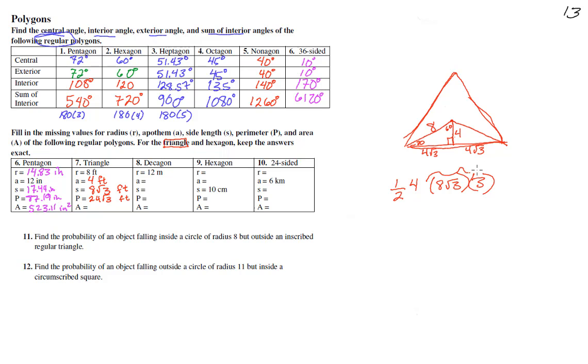Notice that here we already did that, 24 square roots of 3, and now we've got to times by 1/2 and 4, so timesing by 2, and we get 48 square roots of 3 feet squared. All right, good.